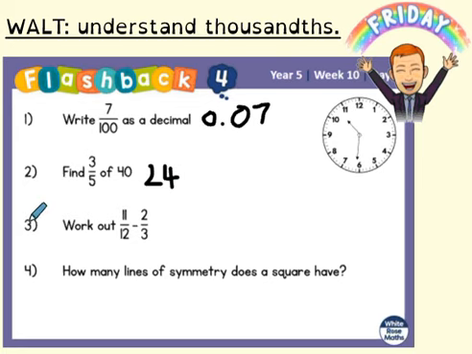Number 3, work out 11 twelfths, take away 2 thirds. You've got a subtraction using two fractions which have different denominators. Is 3 a factor of 12? Yes, it is. I can times 3 by something to get to 12, which means I can use 12 as my common denominator.